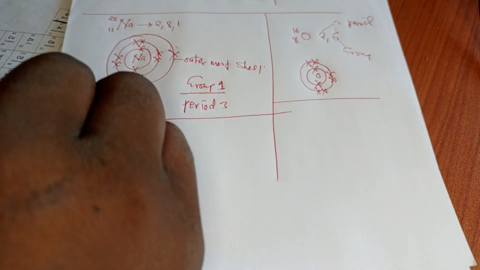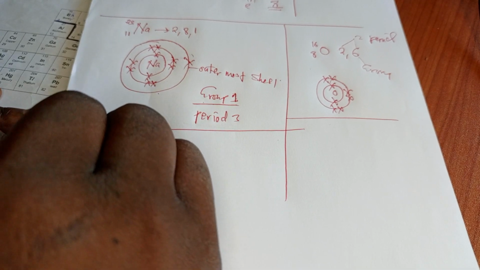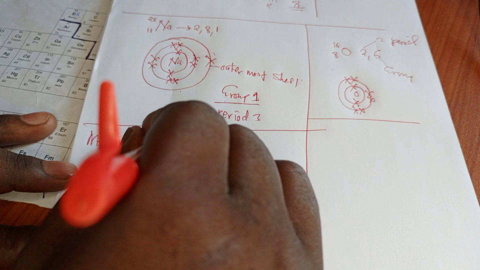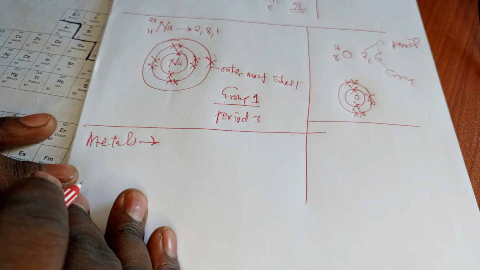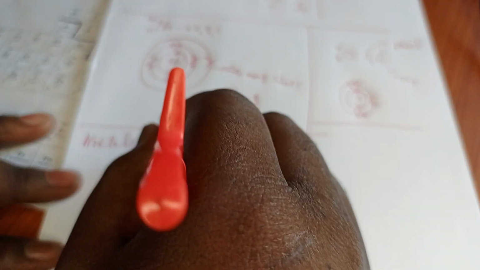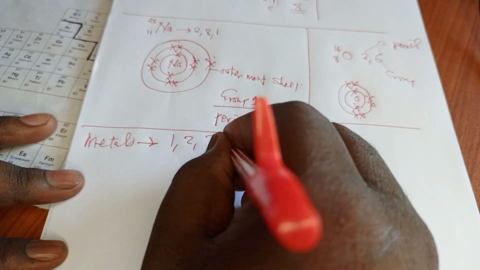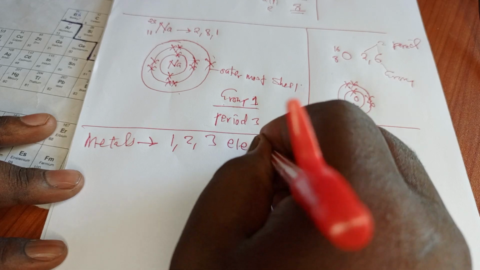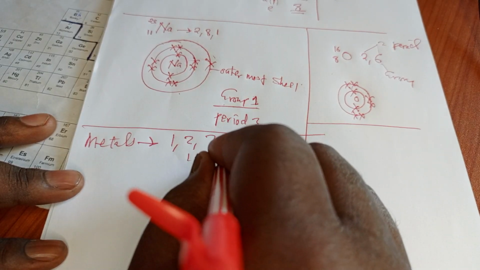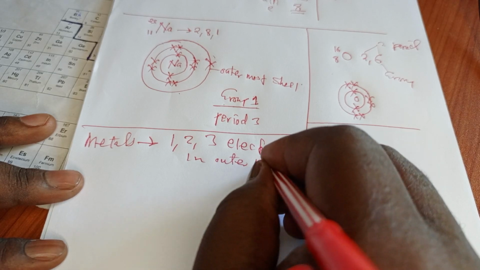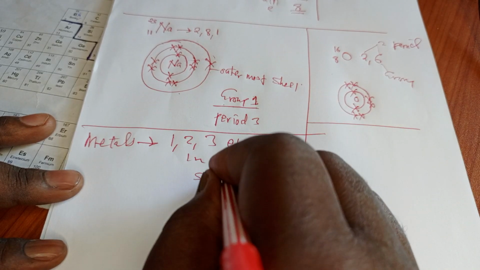So note that metals have 1 or 2 or 3 electrons in the outermost shell.